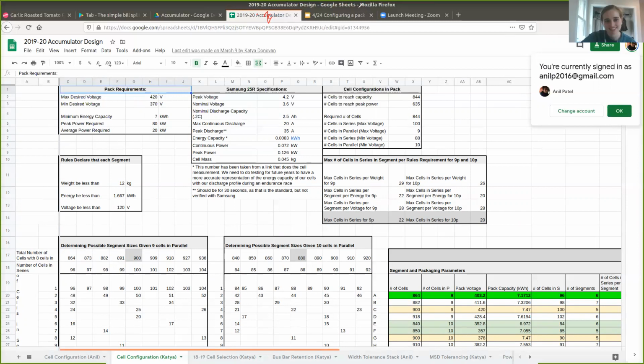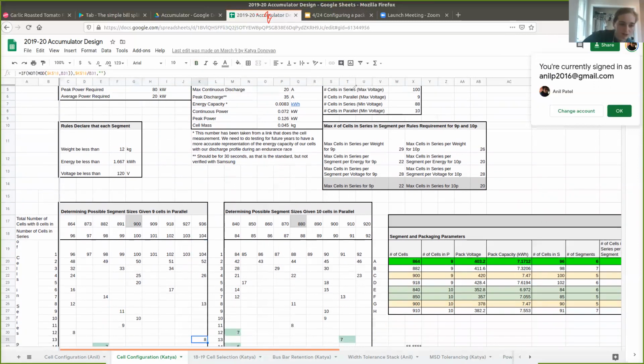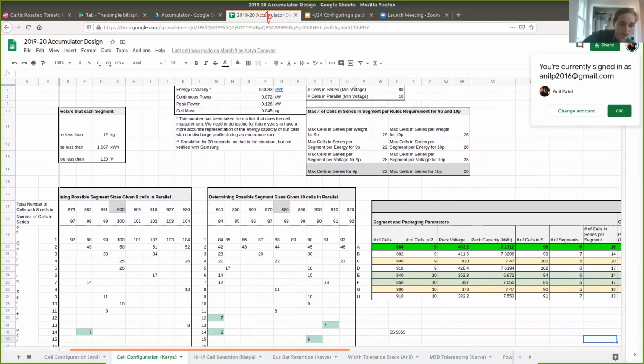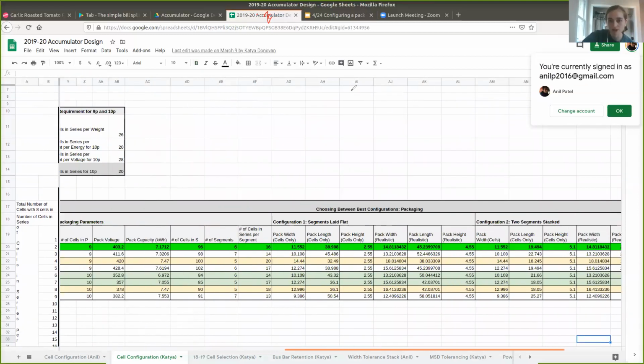Is this spreadsheet what you use for final design, or does this give you a rough idea of what the design should be, and then you play around with it afterwards? If you see the segment and packaging parameters, these are basically the segments that are probably viable for what we want.